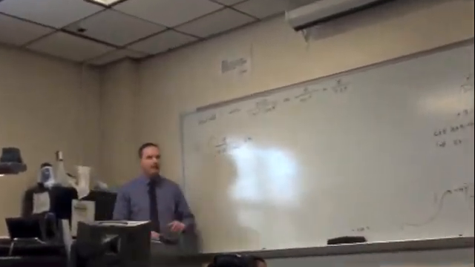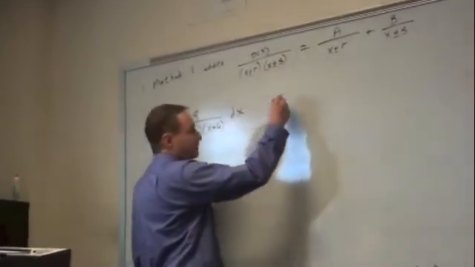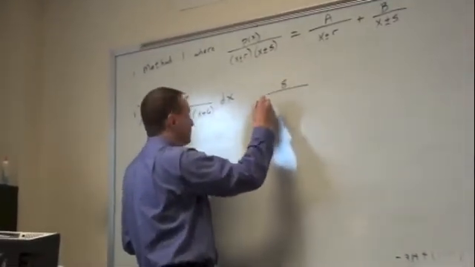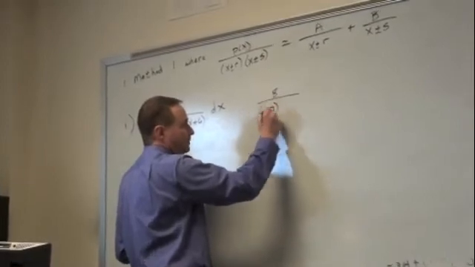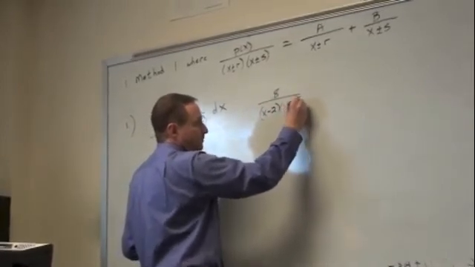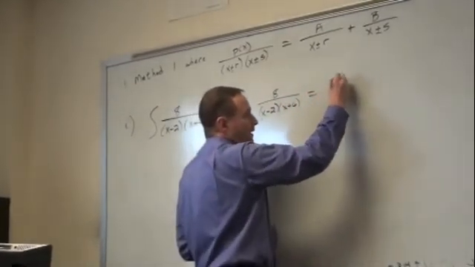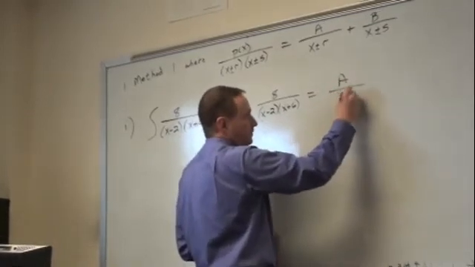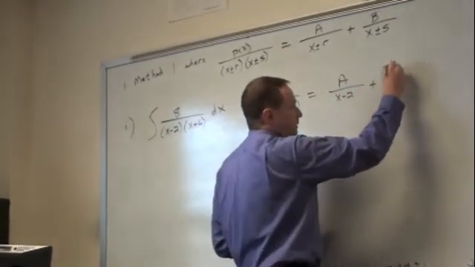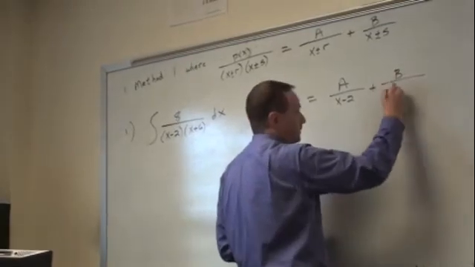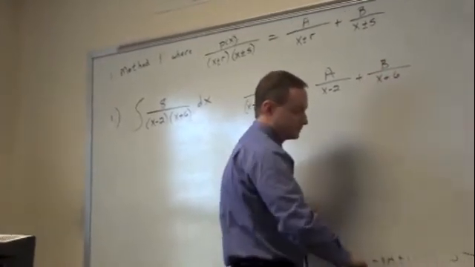So I'd say, okay, I need to break apart this then. 8 over x minus 2 times x plus 6 is going to equal a over some number x minus 2 plus b over some factor x plus 6.